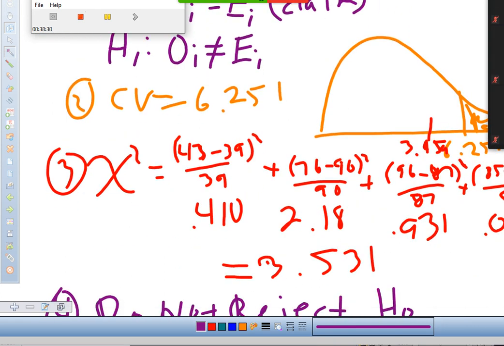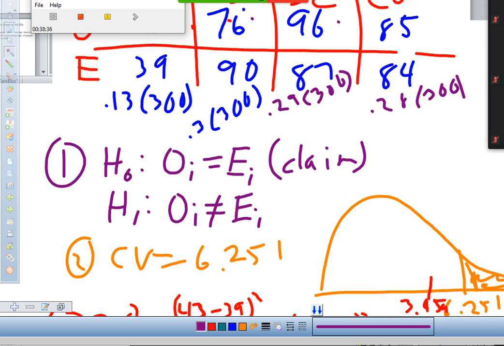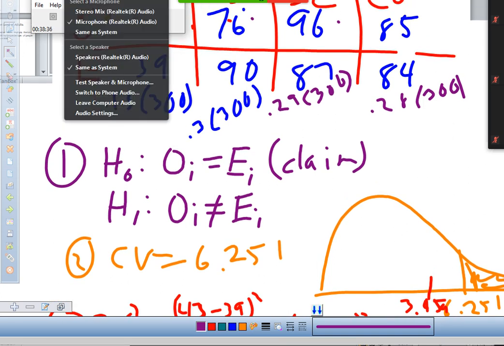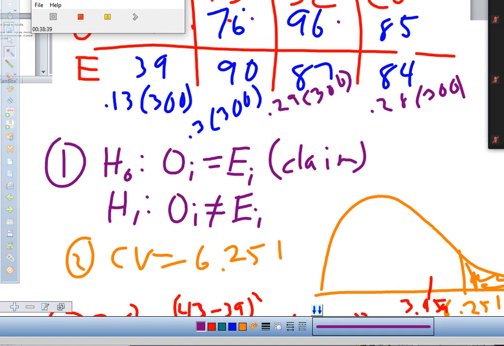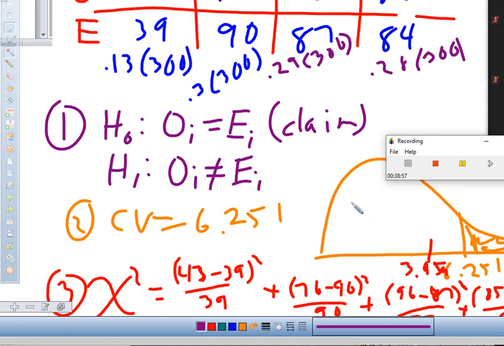So I'm going to take every single value minus what I expected, so 43 minus 39 squared divided by 39. 76 minus 90 squared divided by 90. 96 minus 87 squared divided by 87. 85 minus 84 squared divided by 84.